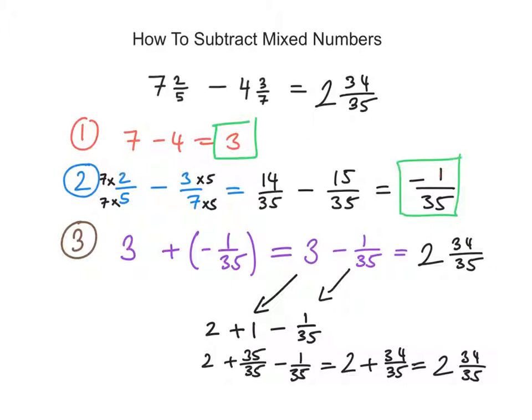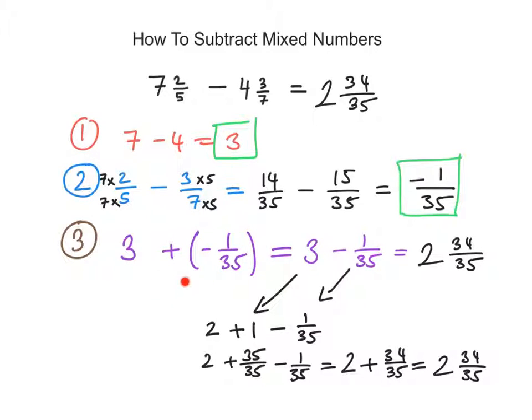This method was slightly tricky because when we subtracted the fractional parts, I ended up with a negative answer. And then when I had to add these answers, some people find it difficult to add a negative value to a positive value.